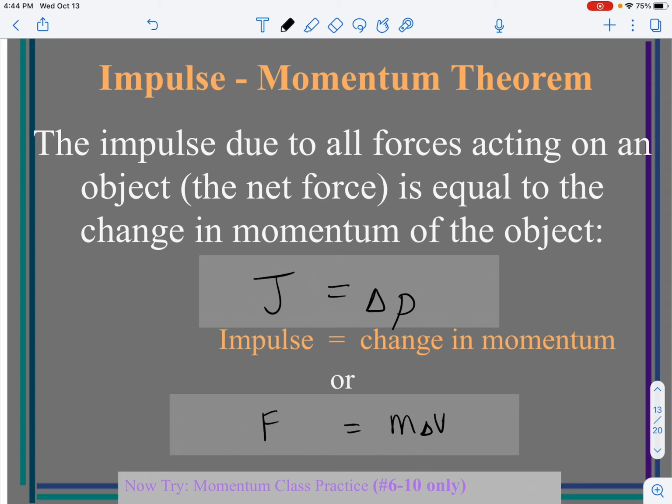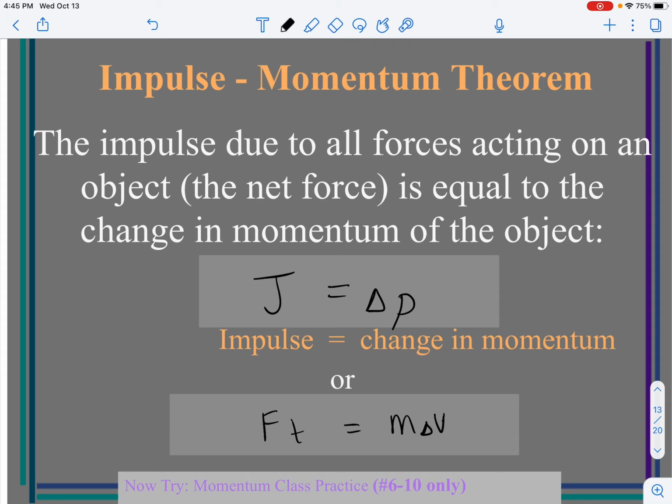J, which stands for impulse, is the force applied to our object over some amount of time. If I multiply force times time, that tells me how much the momentum changed. If I multiply mass times the change in velocity, that is telling me what the impulse was that was put onto that object, okay?